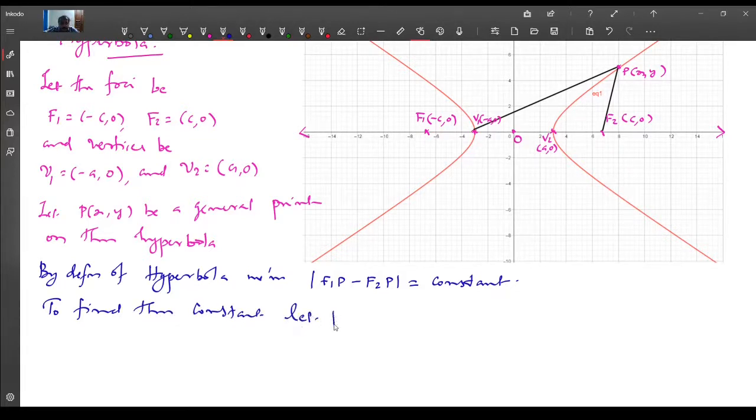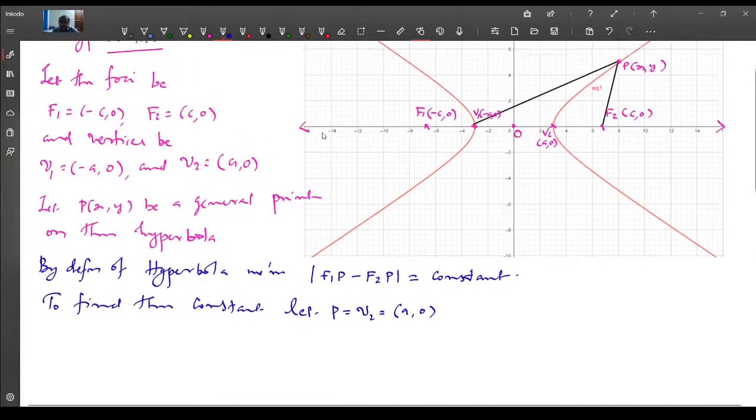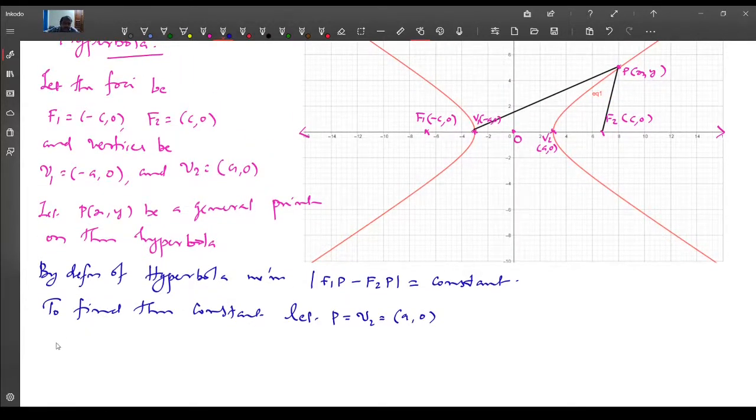Let P equal V2, that is (a, 0). Then from the figure, F1P equals F1V2, which equals F1O plus OV2.